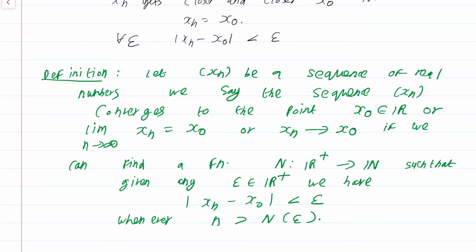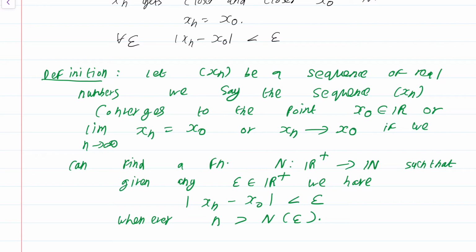That means, given any epsilon, if I choose n greater than N of epsilon, xn minus x0 absolute value must be less than epsilon. Note, this must not be true just for n equal to N of epsilon. It should be true for all natural numbers greater than N epsilon.